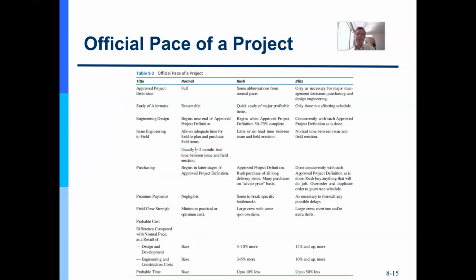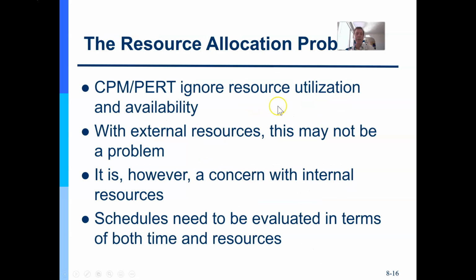So here's an example of the official pace of a project, the normal pace in the middle, things you could do in a rushed pace or in a blitz, right? It's worth pausing and studying. I'm sure you read it, reviewed it in the literature. But we have a resource allocation problem, right? So PERT reduces risk by getting activity times to something defendable, reasonable, but it ignores resource utilization, right?